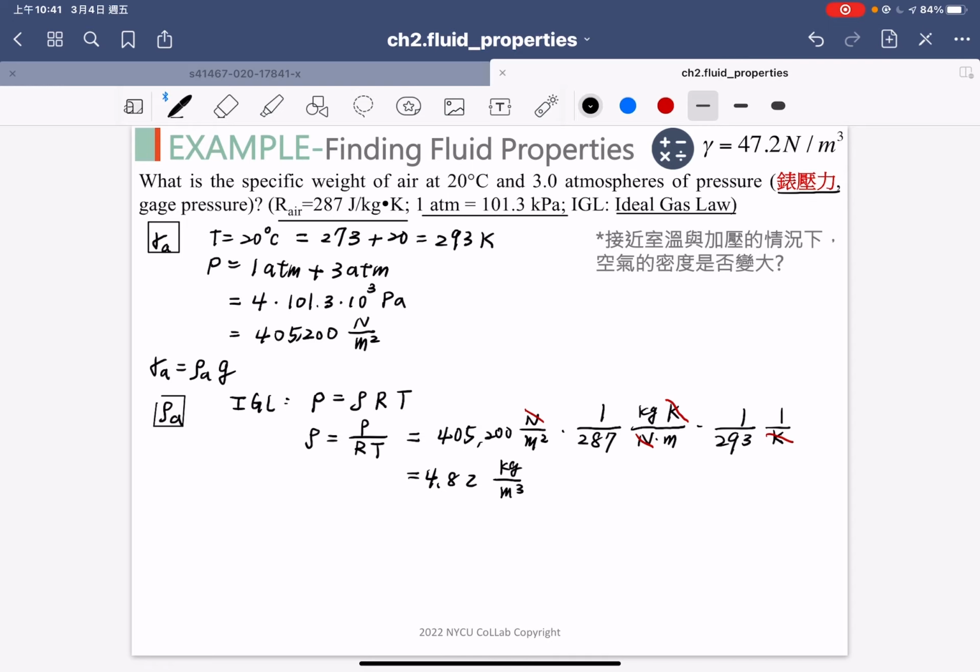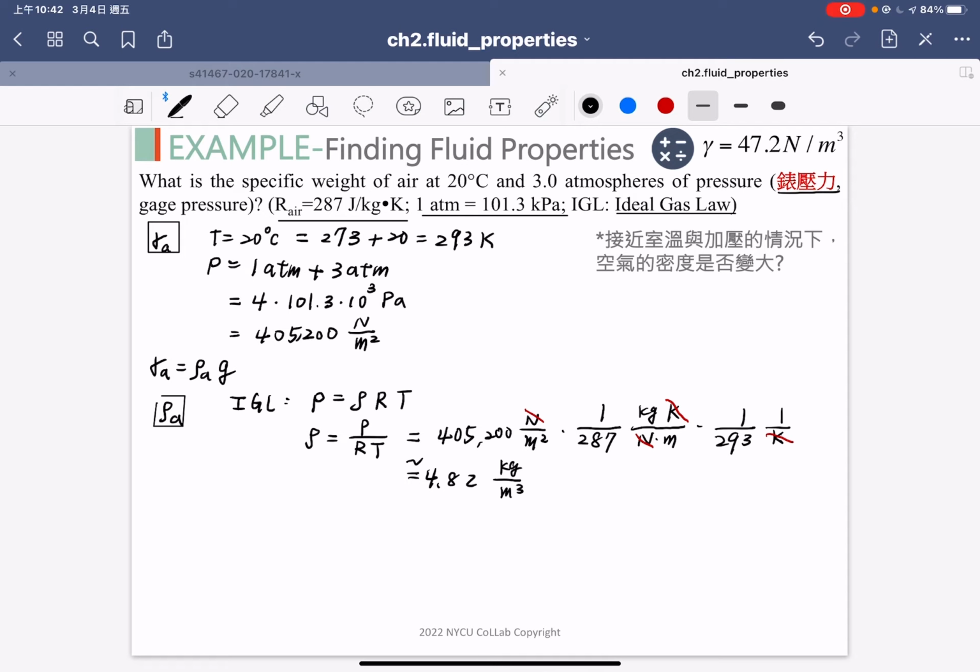So the density is around 4.82. It's approximate, okay? And if you consider these numbers, if you remember, the density of air under room conditions is 1.2. So why do we have a larger number here, 4.8, right?